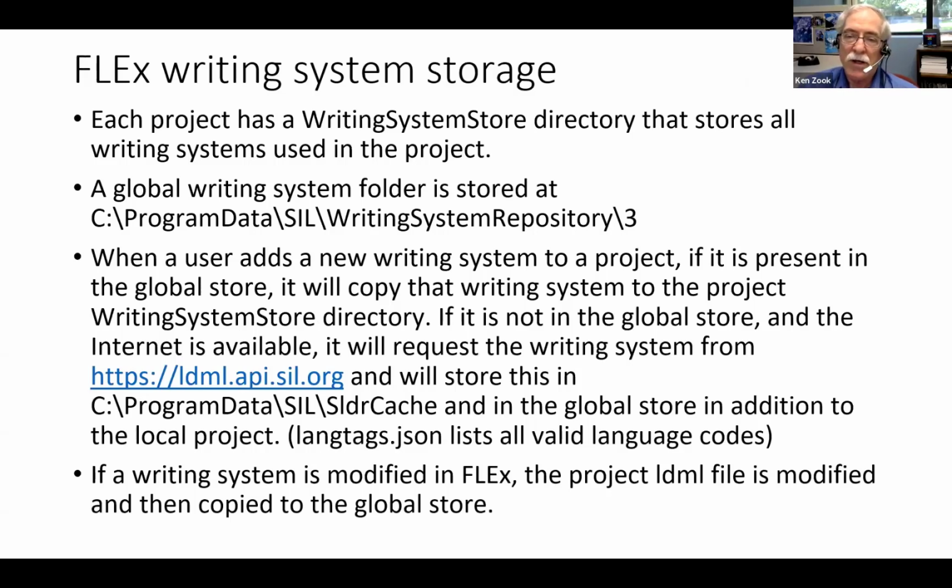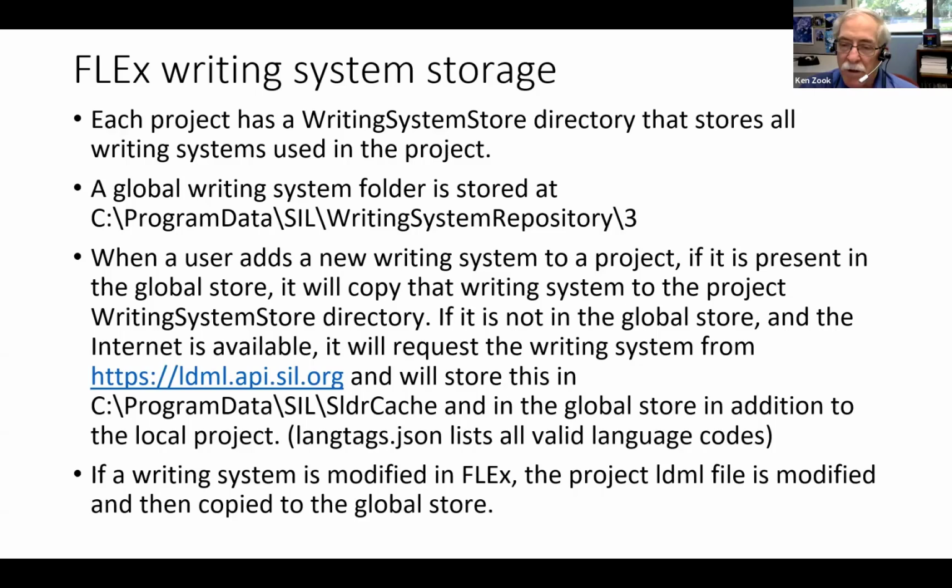Each project has a writing system store directory that stores all writing systems used in the project. There's a global writing system folder at C program data SIL writing system repository -3. And when a user adds a new writing system to a project, if it's present in the global store, it will copy that writing system to the project writing system store directory.